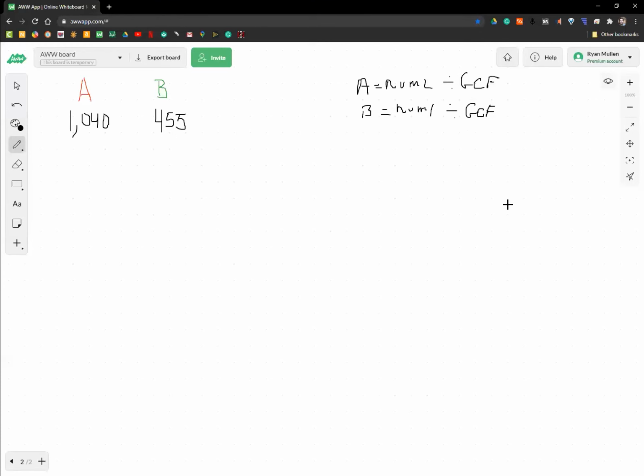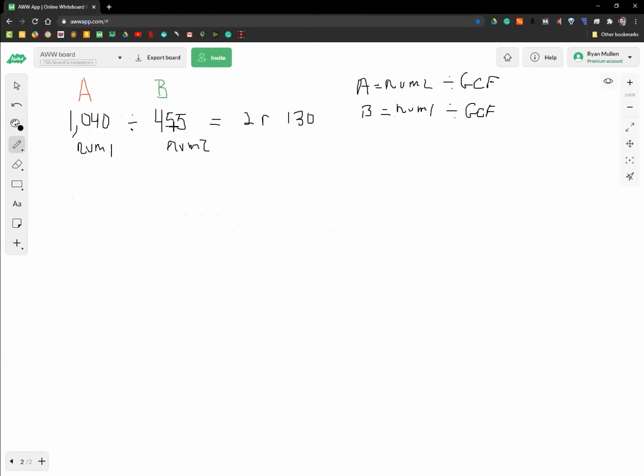Again, I need to find my GCF, because I know that this is number 1 and this is number 2. Now that I know number 1 and number 2, if I use the division property, I can find out what my GCF is. 1,040 divided by 455 goes in 2 times, and the remainder will be 130.